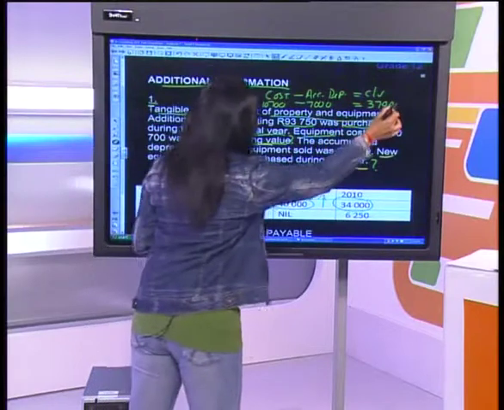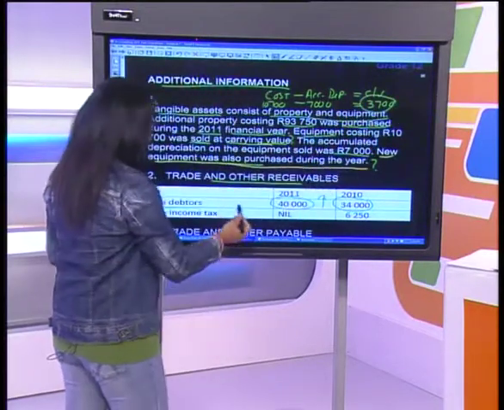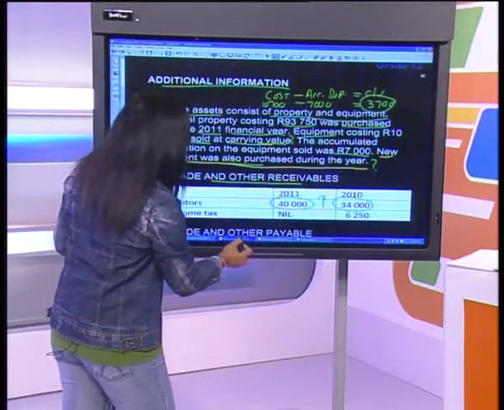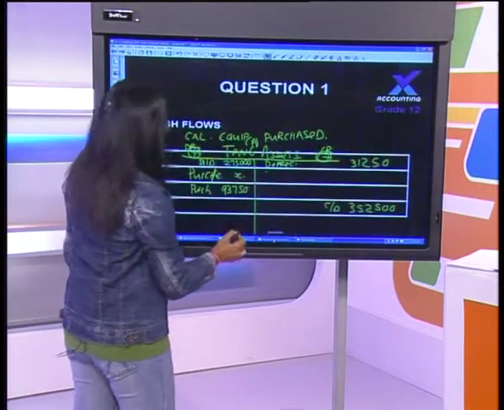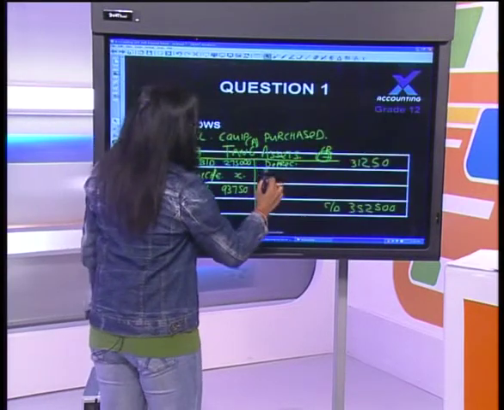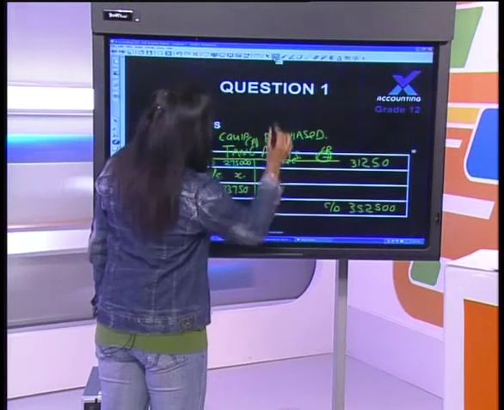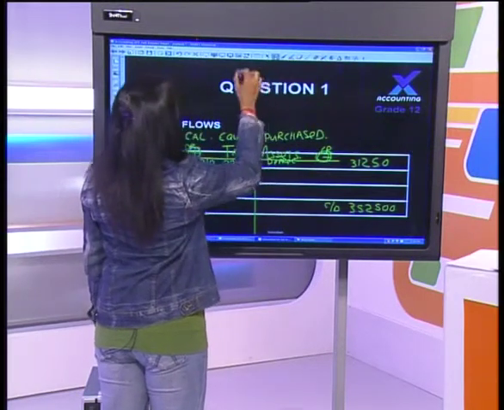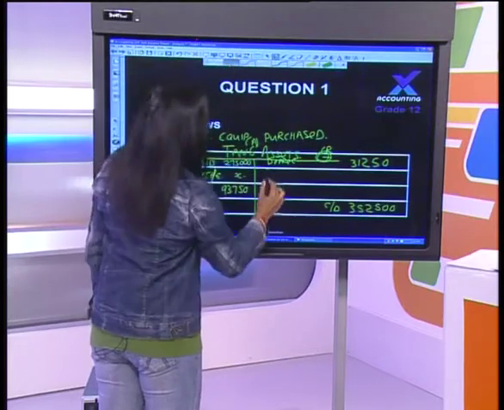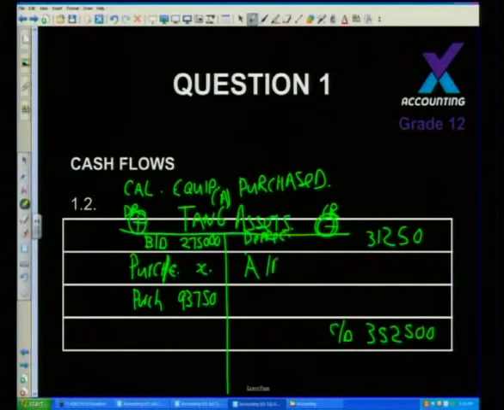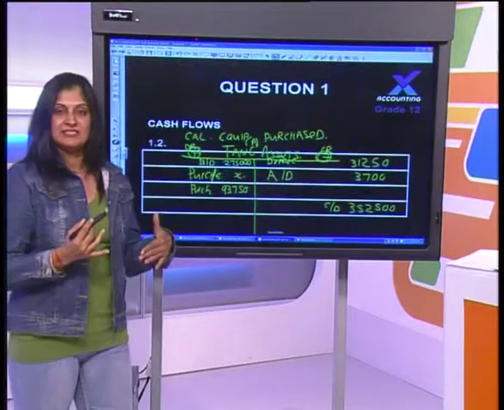Okay, so let's take this figure through to that T account. We're almost done with that T account. So back to my answer sheet. So my asset disposal, an amount of 3,700.